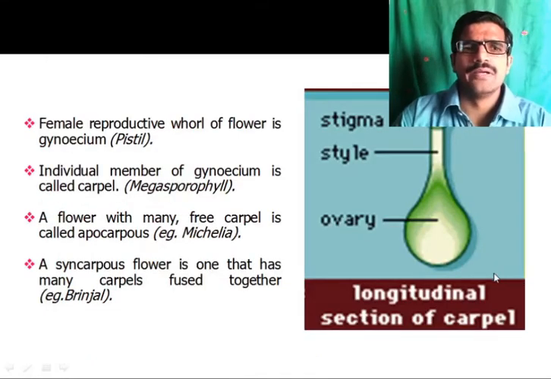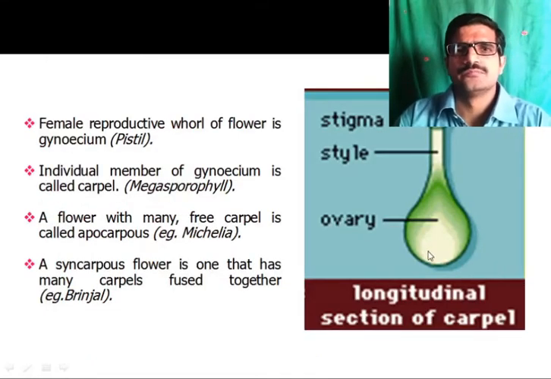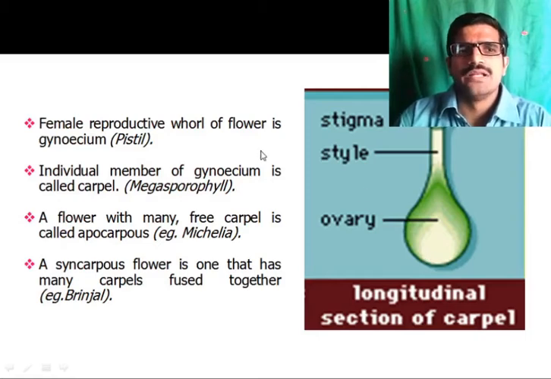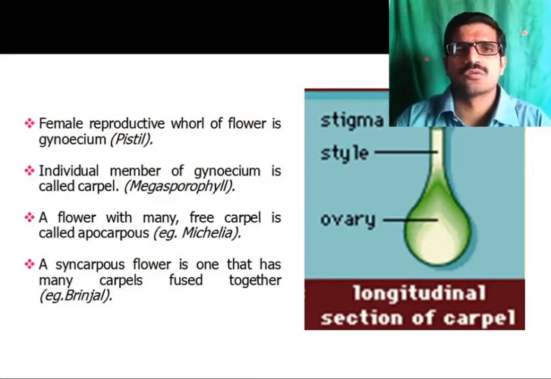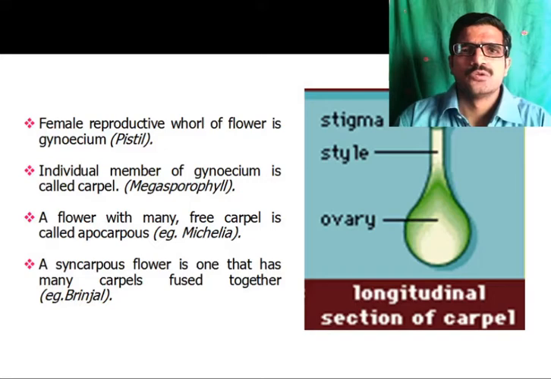Then come to the female reproductive whorl. You know that the female reproductive whorl of the flower is the innermost whorl. If you observe the typical structure of the flower, it consists of calyx, corolla, androecium and gynoecium. So the gynoecium is the innermost whorl, also called the female reproductive whorl.